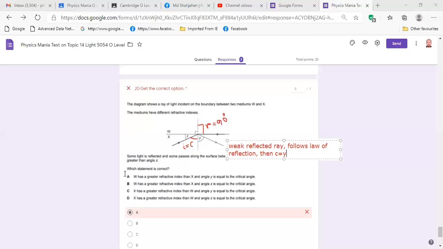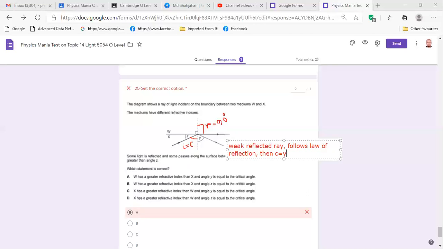It is given in A or C. Then W has a greater refractive index than X, or X has a greater refractive index than W.